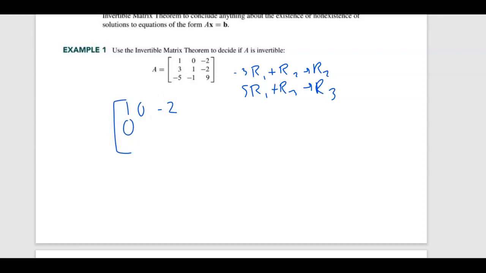I get 0, 1, 4. I get 0, -1, and -10 plus 9, -1. And then let's add row 2 and row 3 and put that into row 3.